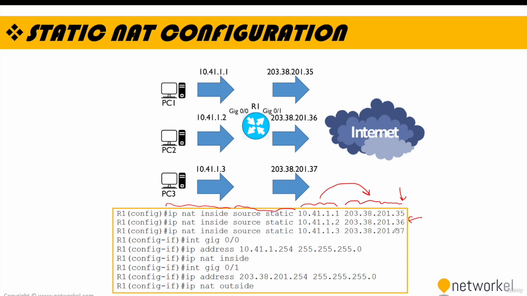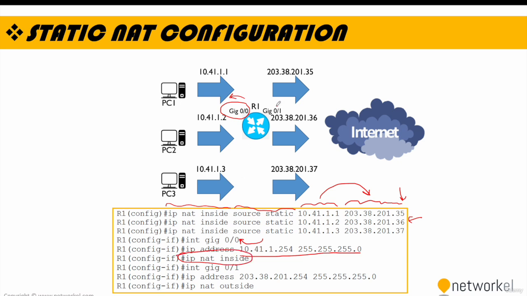And then I'm going to my gig0/0 interface, which is the interface of this router looking to my local area network. I'm assigning an IP address for this interface, and the command I am using is ip nat inside.